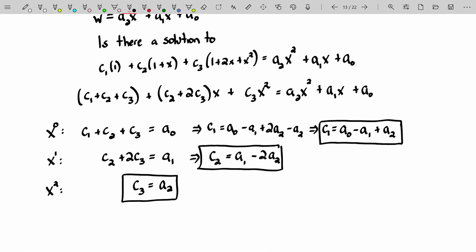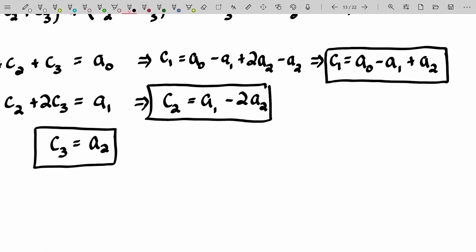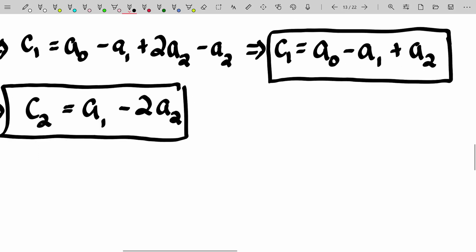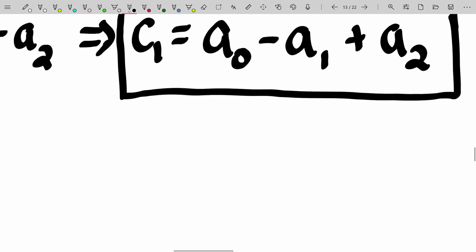No matter what vector we're handed, as long as we write that vector as a2x squared plus a1x plus a naught, then c3, the coefficient of 1 plus x quantity squared, should be a sub 2. C2, which is the coefficient of 1 plus x, should be a1 minus 2a sub 2. And then finally, c sub 1, which is the coefficient of 1, should be a naught minus a1 plus a2.